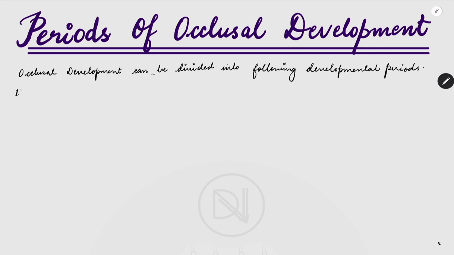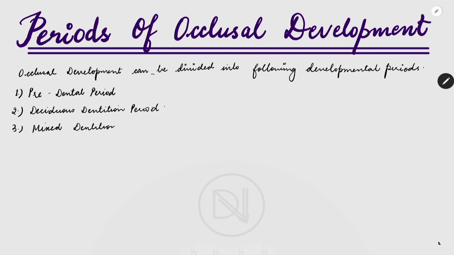Okay, first one is your pre-dental period. The second one is your deciduous dentation period. The third one is your mixed dentation period. The fourth one is your permanent dentation period.